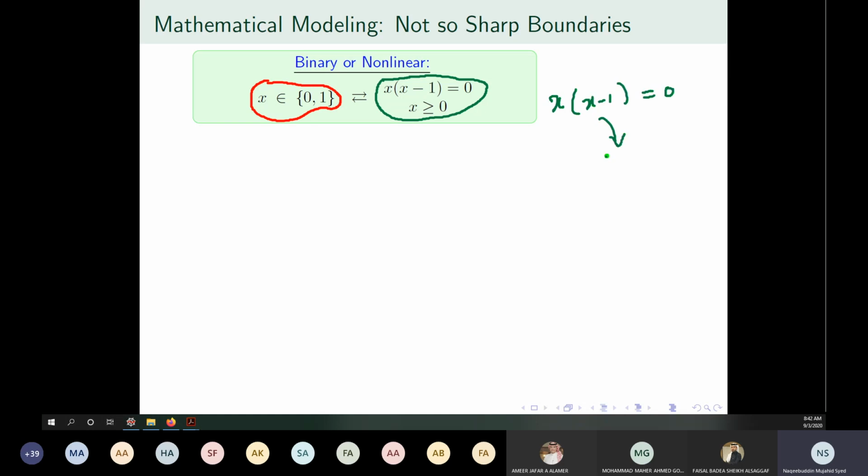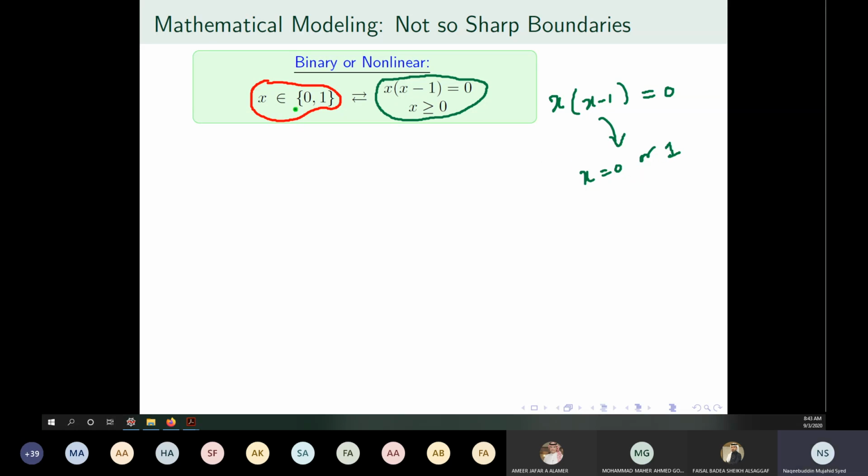This implies that either x is 0 or 1. Why? Because if you plug in 0 here, the left-hand side will become 0, and it satisfies this equation. If you plug in 1 here, it satisfies the equation.